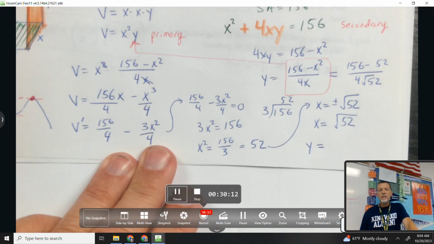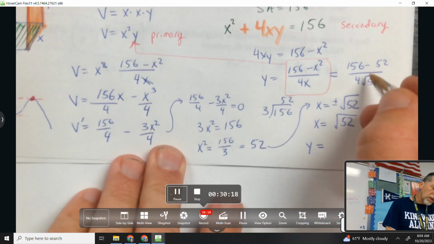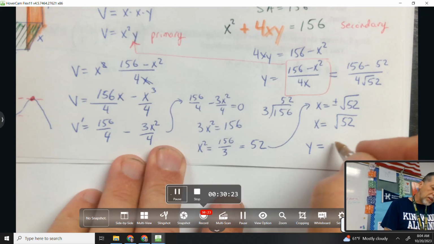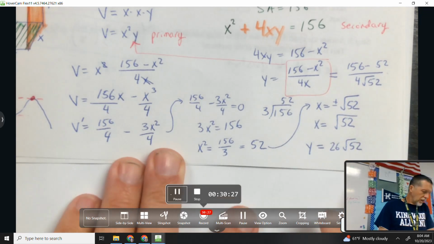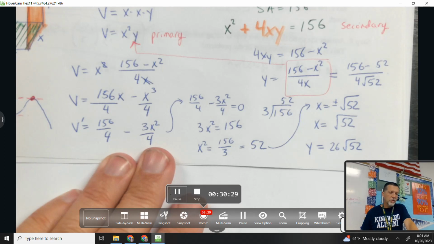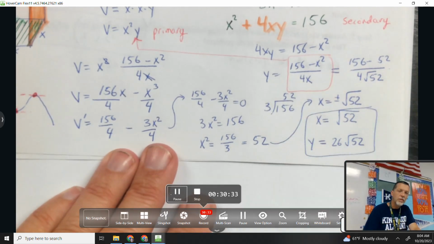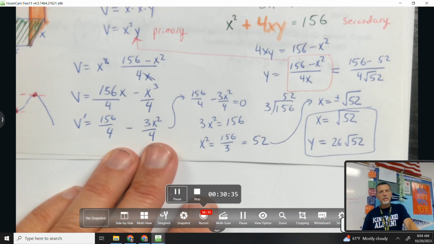I'm going to clean it up a little bit. 156 minus 52 would be 104. 104 divided by 4 would be 26. Square root of 52 probably reduces, but don't care. Safe stuff. Don't mess these things up.